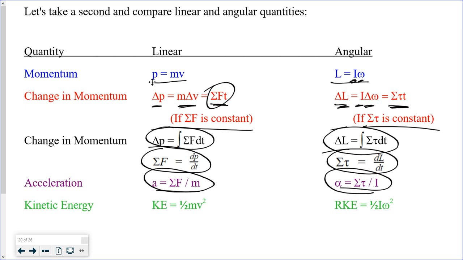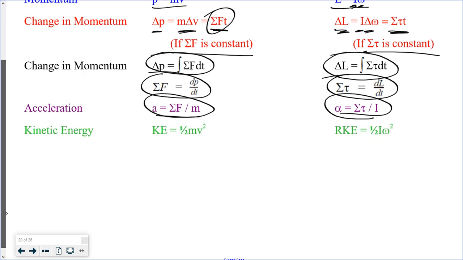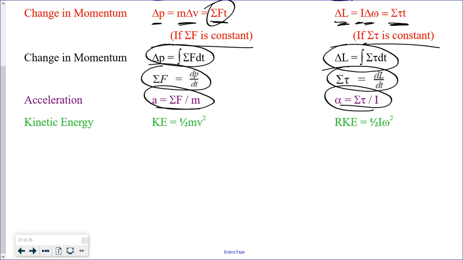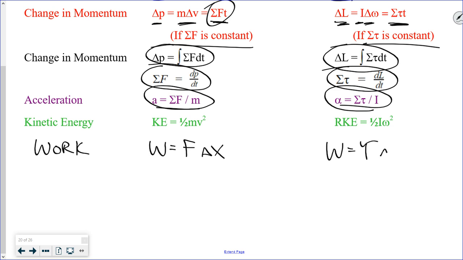All right, I'm going to add a couple down here, actually, to the list. We know that kinetic energy is 1/2 mv squared. Rotational kinetic energy is 1/2 I omega squared. So let's talk about work, right? Work is a change in energy, right? So work is basically force times displacement, right? If your force is constant. So similarly, work is equal to torque times delta theta, okay?